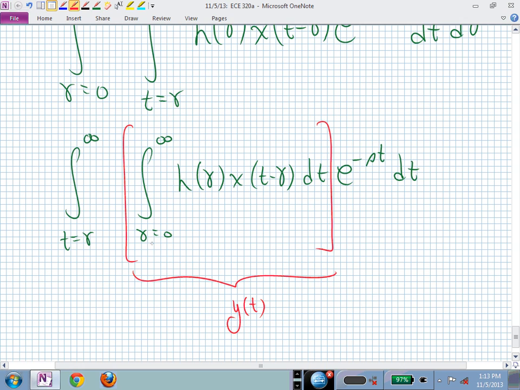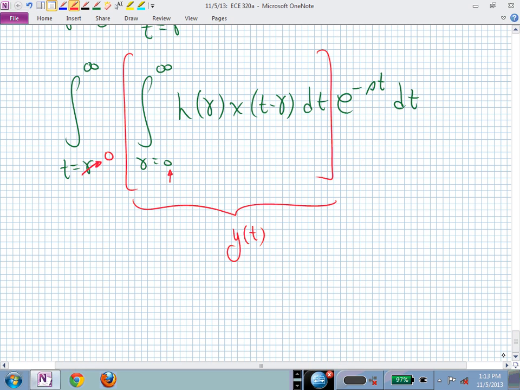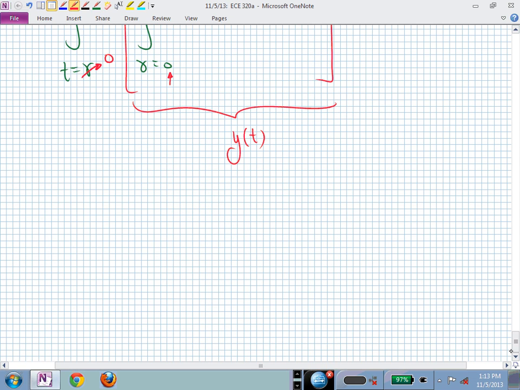And if I'm going from gamma equals 0, now I have the expression that I need. So my expression in the time domain for y of t is this integral from gamma equals 0 to infinity of h of gamma, x of t minus gamma, d gamma.